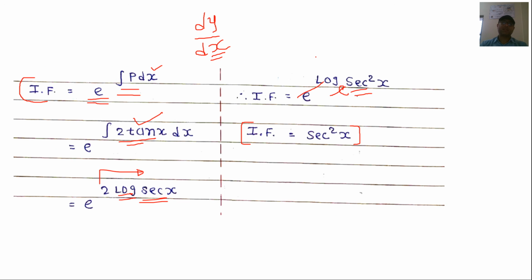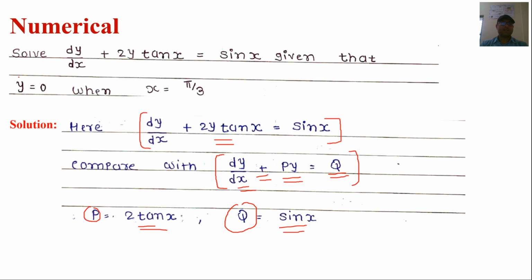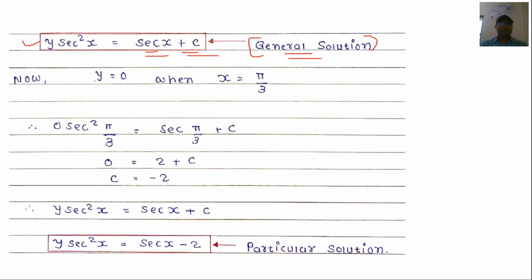Now in this numerical one condition is given. The condition is y is equal to 0 when x is equal to pi by 3.